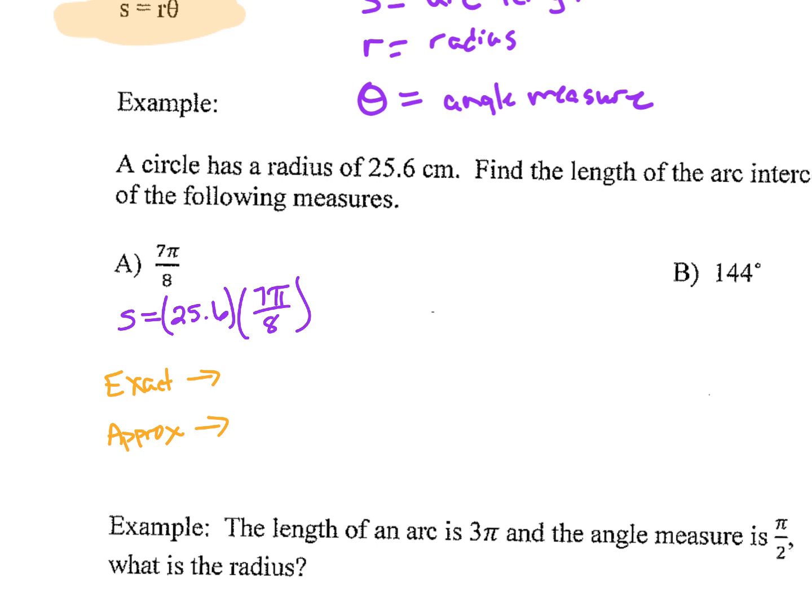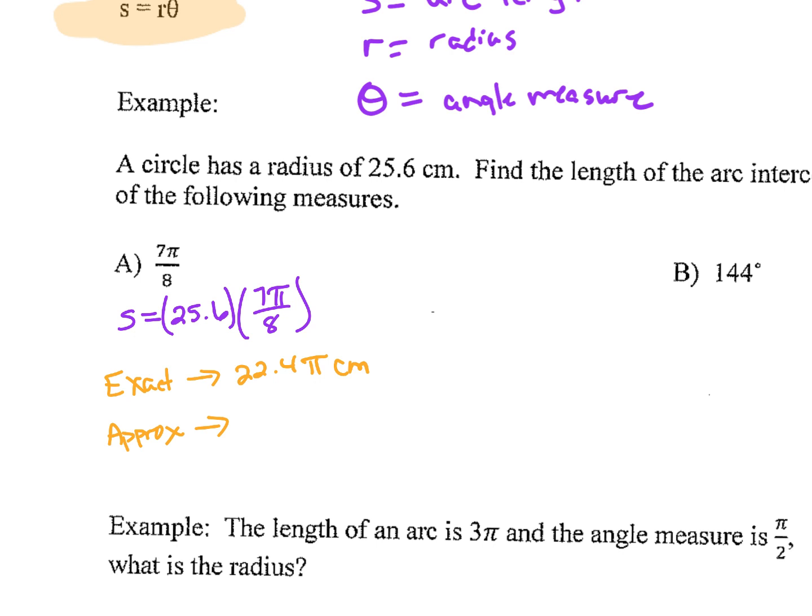If we multiply 25.6 times 7 divided by 8, the exact answer is 22.4 pi centimeters.